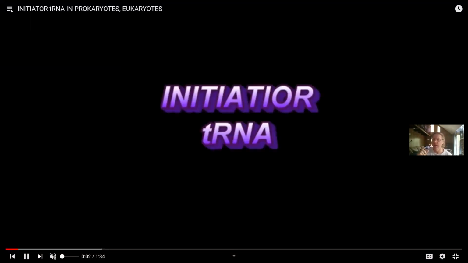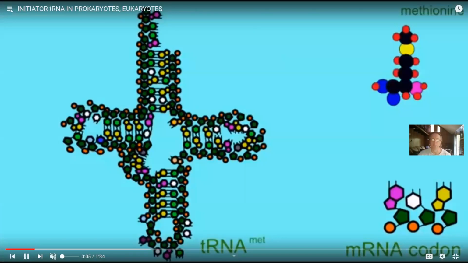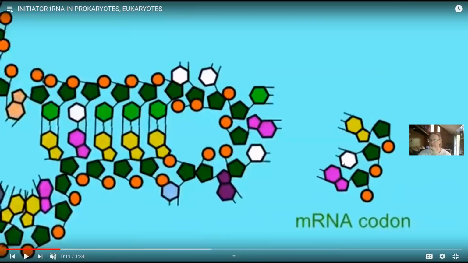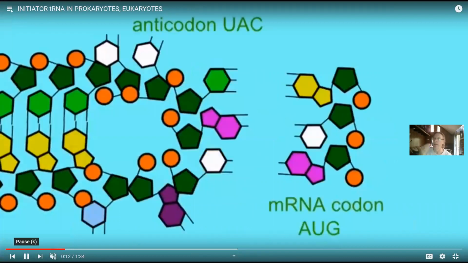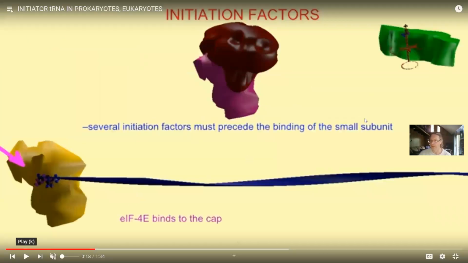Also, just a message, methionine then serves two functions. So methionine is an amino acid, and the tRNA which binds methionine can bring it to where it is needed in a protein. So if you want to insert methionine in a specific part of the protein, you need this tRNA. But this is also then recognized as the start tRNA. So all proteins need, let's talk about eukaryotes first, to start with this tRNA, which brings methionine.